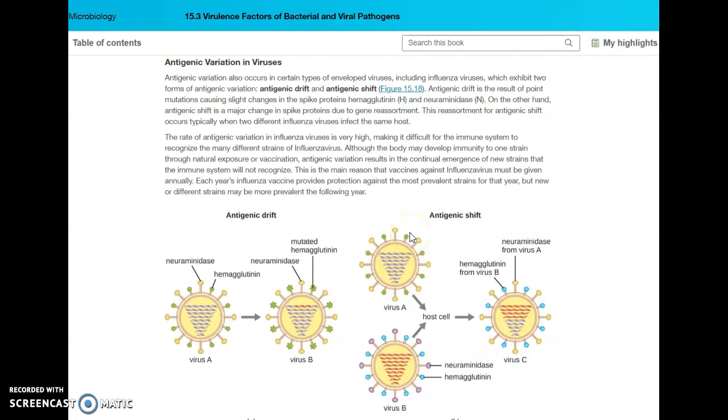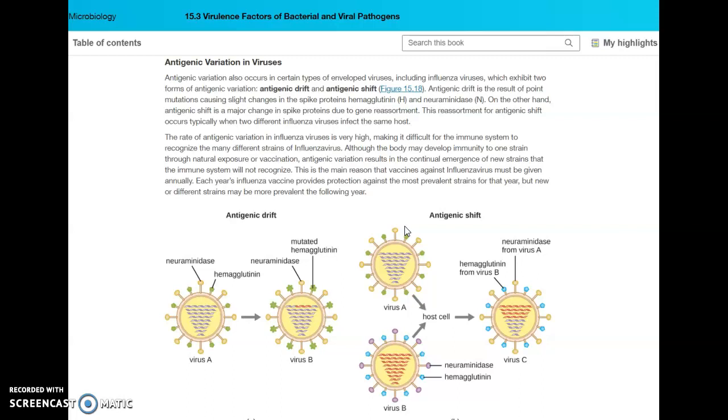Every now and then, we'll get a brand new virus that comes out because of antigenic shift. And we don't just see it in humans. The flu virus can infect pigs, it can infect birds, and so that's why you hear about swine flu or bird flu. So they can play a big role in antigenic shift.